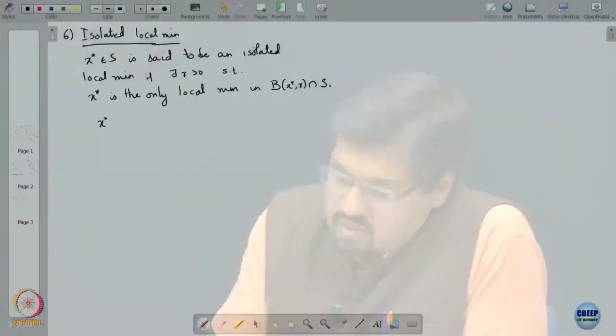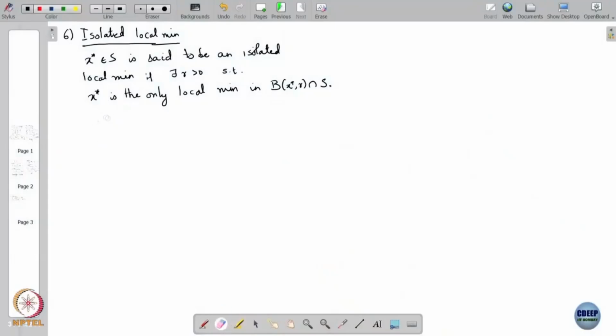I am going to argue that every isolated local minimum is a strict local minimum.